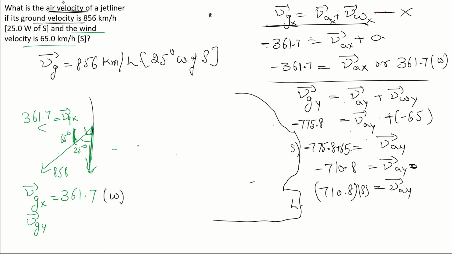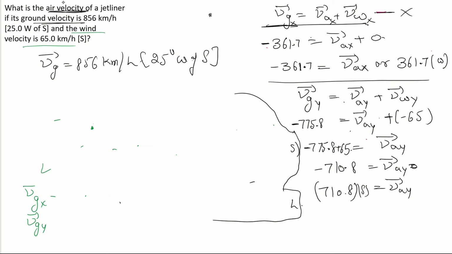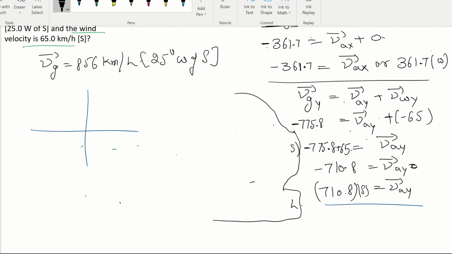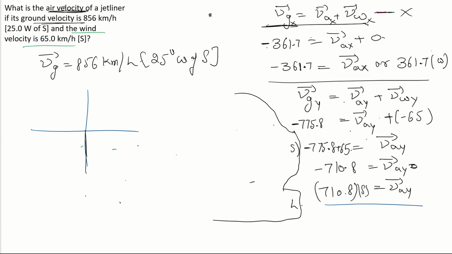Because I have the Vax component and Vay component, I can easily find the final value. So I'm going to draw it again on the navigation system. This value is in the south direction, so south will be somewhere here, and that is 710.8, and the other value Vx is 361.7.